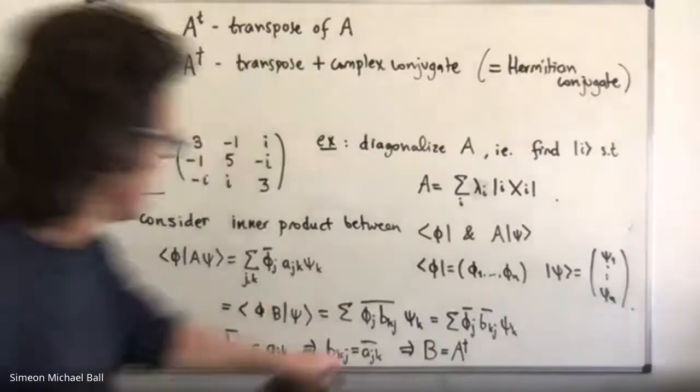Wait, I have a question. Why is the B on the right? Why is phi left multiplying B? Here, like on the left. Why is it a left multiplication?